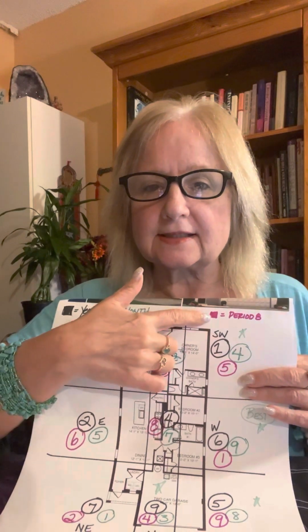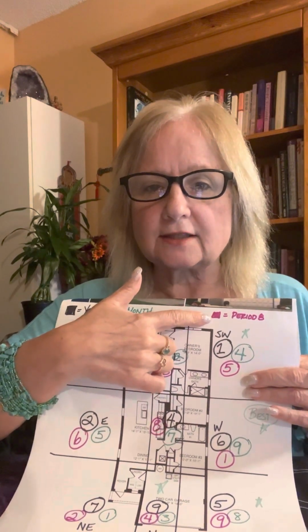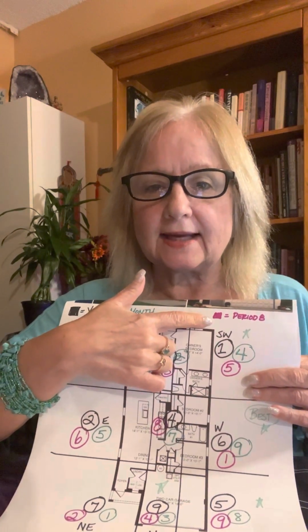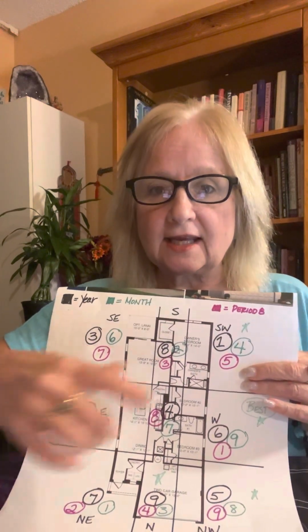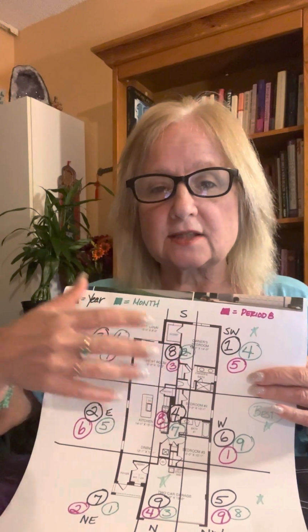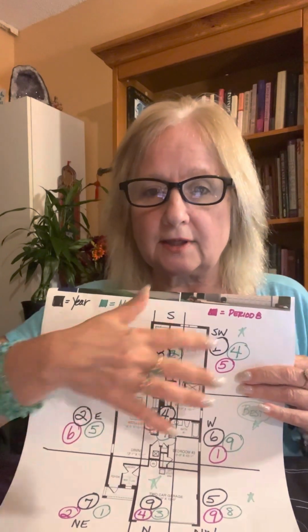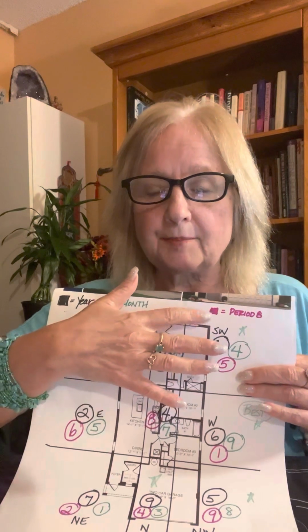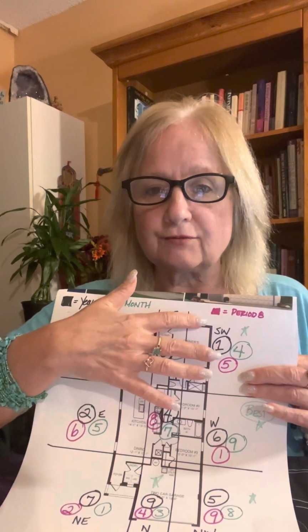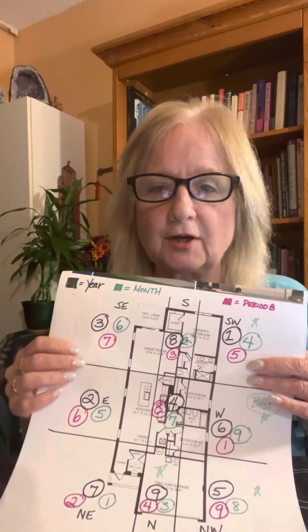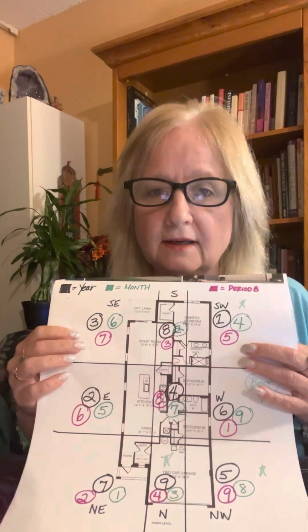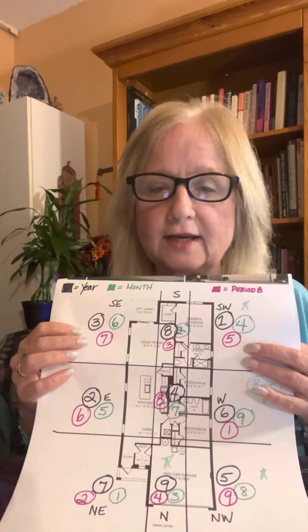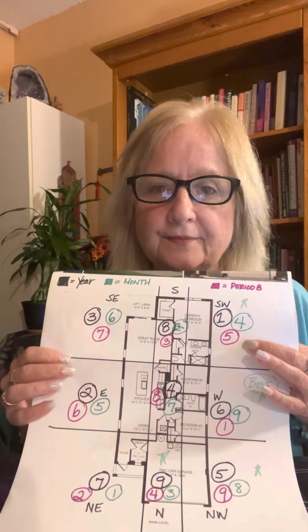Period 8 is in its last year. Okay, 2024, we go into period 9. For the next 20 years, it's a whole different ball game with that energy. And actually, some Feng Shui consultants are saying we should already be using period 9 adjustments in our floor plans. I will be discussing that later in the month, because you can certainly start doing that if we want to create homes for the future, right?